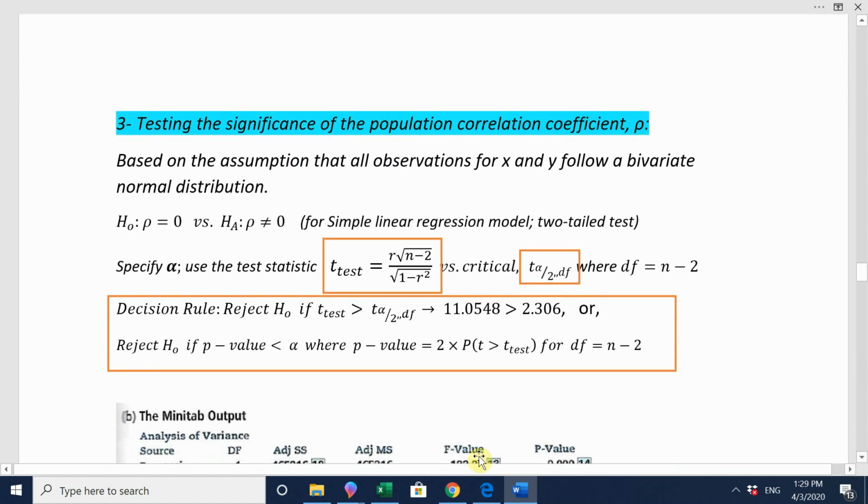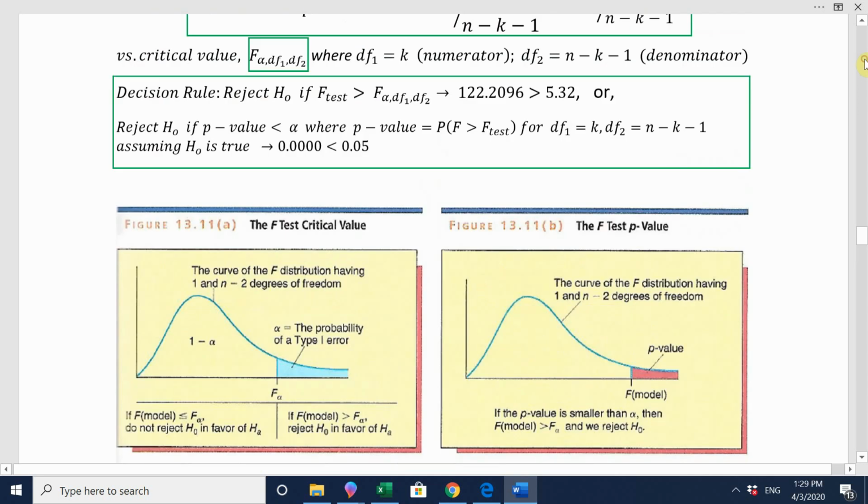So here we have the decision rule, which says that if your t test statistic is greater than your critical value, then you reject the null hypothesis. If you are to actually use your sample r value, you can go get that in your output.